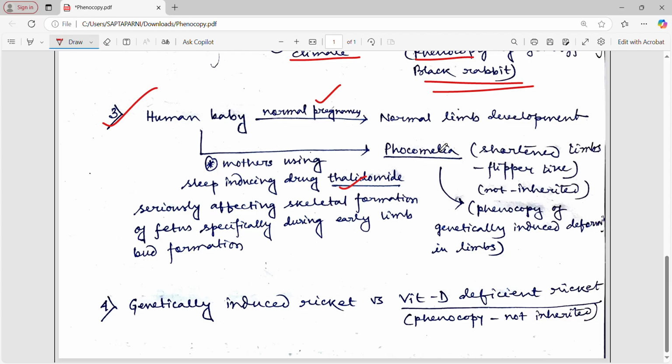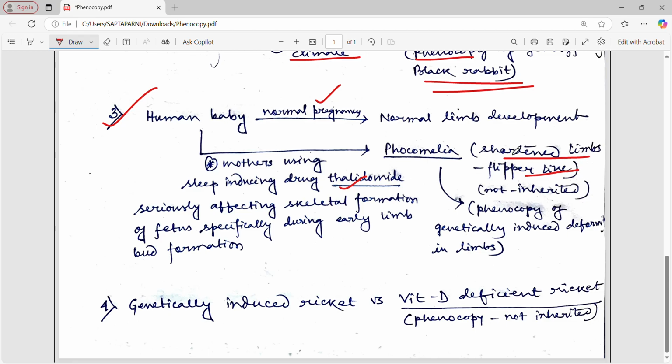What is phocomelia? Phocomelia means shortened limbs, like flipper-like limbs. Why is this phenotype observed? Because thalidomide actually affects the skeletal formation of the fetus during early limb formation. That is why the deformity in the limbs can be seen here.